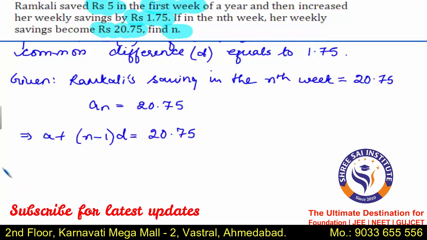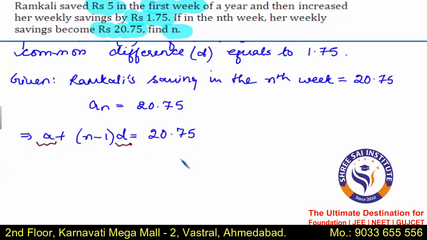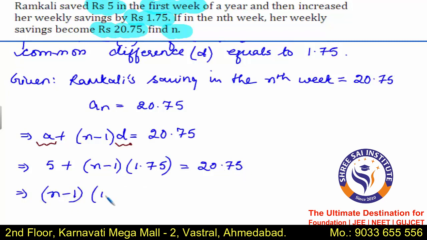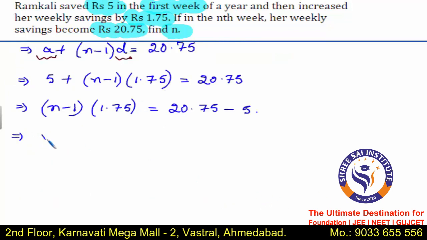Now substituting the value of a and d, this can further be written as 5 plus n minus 1 into 1.75 is equal to 20.75. This further implies that n minus 1 into 1.75 is equal to 20.75 minus 5. This implies n minus 1 into 1.75 is equal to 15.75.